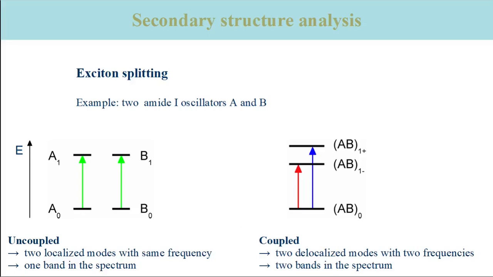The two different transition energies imply that the coupled system has two amide 1 normal modes with different vibrational frequencies. Therefore, we will see two bands in the vibrational spectrum. Also, the phenomenon of energy splitting is familiar from the example of CO2. In CO2, coupling of the two CO stretching vibrations leads to two normal modes with different frequencies.